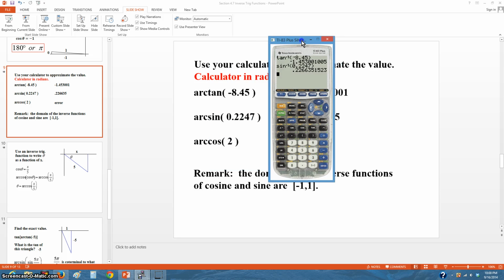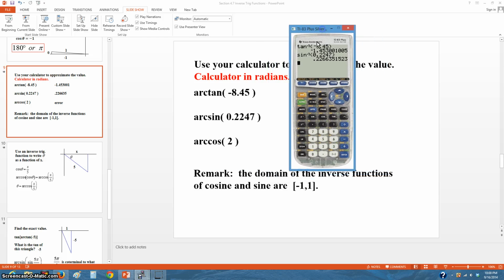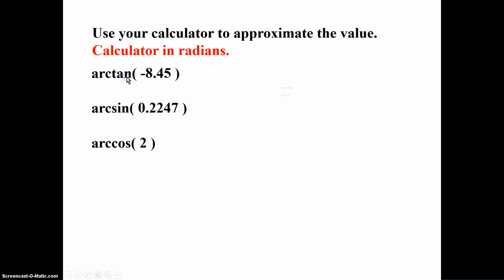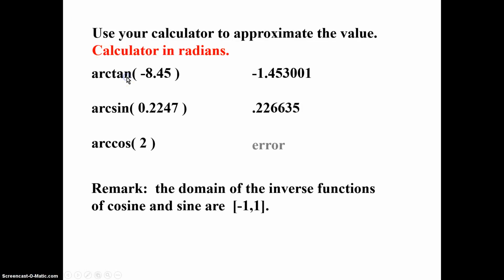Then after that is arc cosine of 2, so press second, cosine, type in 2, and you get an error message. The reason you get an error message is that if we transpose this, it would basically say, where is cosine equal to 2?